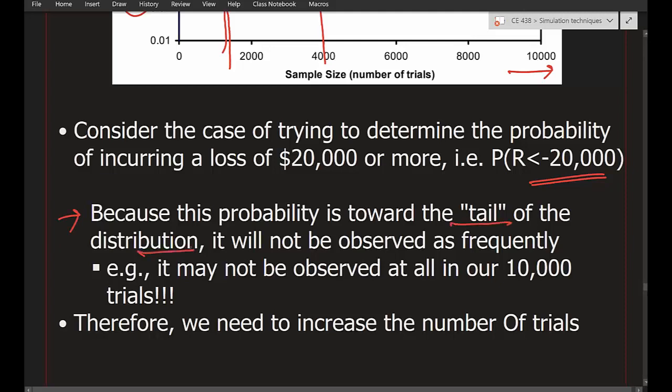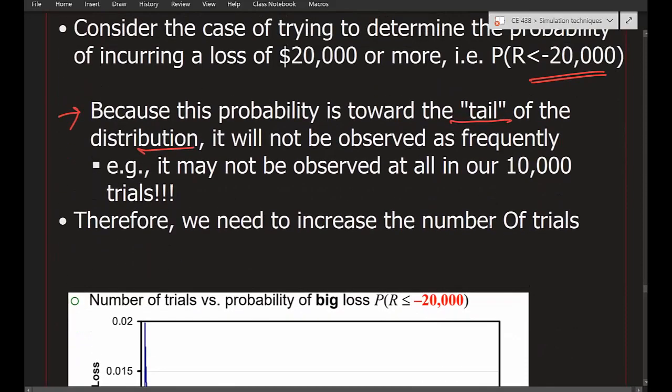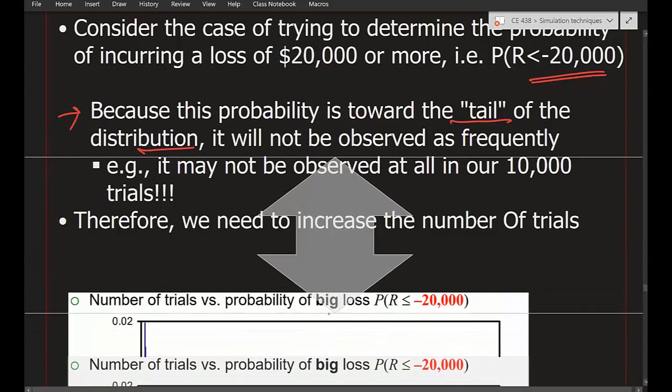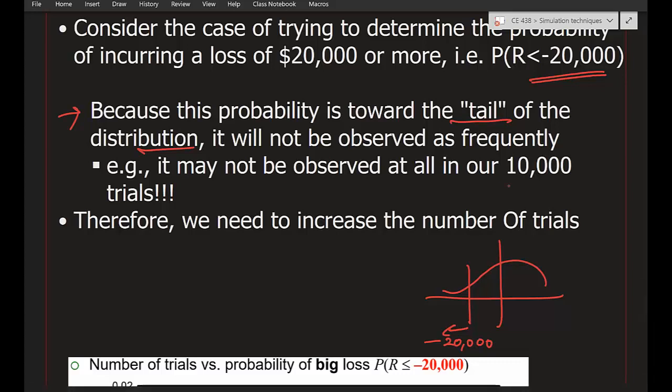We have shown this distribution earlier: income minus expenses, so this means this side of the distribution. A loss of 20,000 is towards the tail, so there is a lower frequency of observing such an event in only 10,000 samples. In that case, we may have to increase the number of samples.